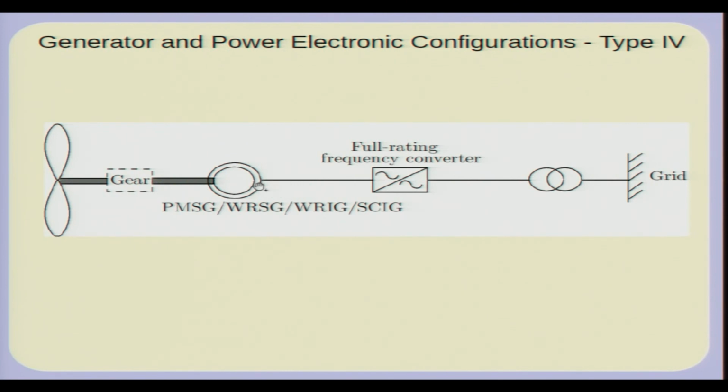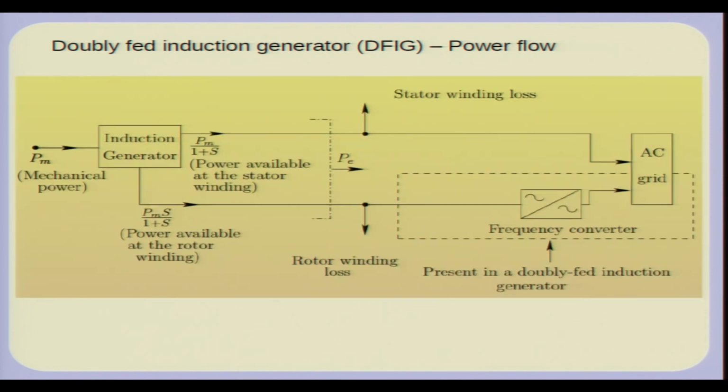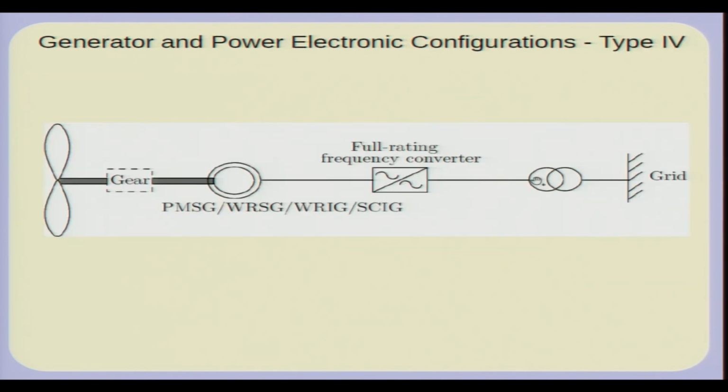So, what you do is have a frequency converter. Remember that the frequency here and here need not be the same. There is no reason why this frequency and this frequency need be the same. That is an important thing which you should remember. So, here if this is 50 hertz, you could have this at 10 hertz.